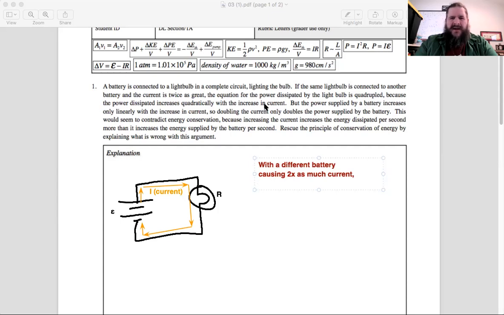If we're saying that twice as much current means 4 times as much power, what equation for power are we using there? Well, what are the available formulas for power in a case like this?